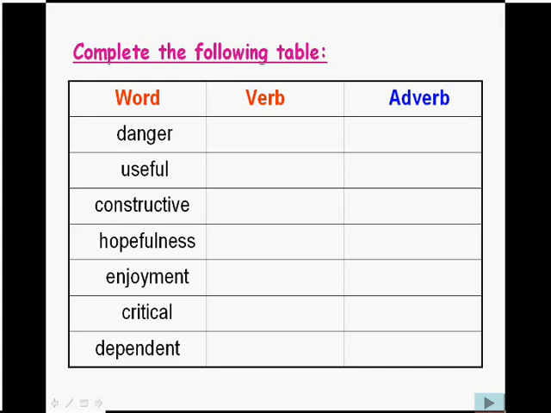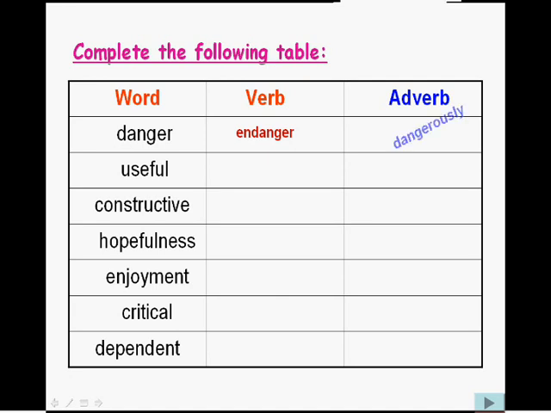Okay, so what is the verb of the word danger? Yes, endanger. Okay, so the verb of the word danger is endanger. You add the prefix en in this case. Okay, what about the adverb? Dangerously. Okay, so we have here at the end, remember we said that mostly adverbs have the ending ly, the suffix.